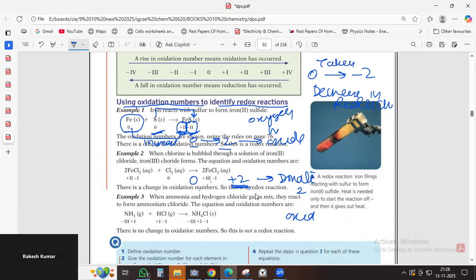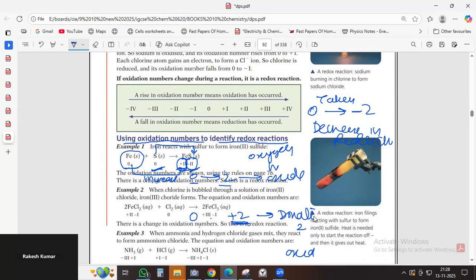That is why its negative charge has come. So it has been reduced because it has taken electrons. By that OIL RIG definition, oxidation is losing electrons, reduction is gaining electrons. The charge, the electrons and the oxidation number, all these are connected.